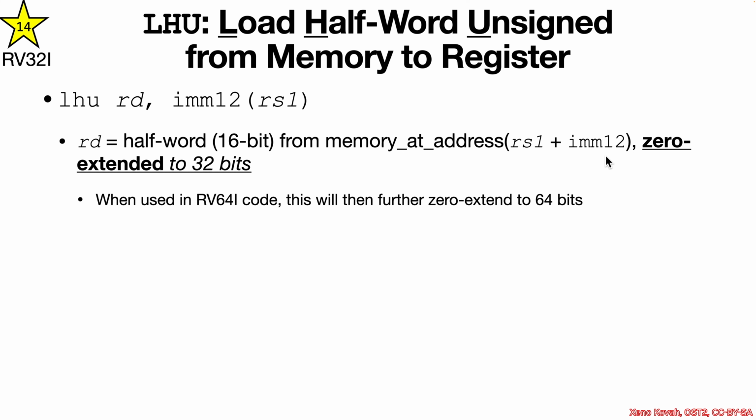Calculate a memory address, but then when you pull it in and store it in the destination, it should be 0 extended. It should just be treated as unsigned. And just like with LH, when you're running 32-bit code, the 0 extension to 32 bits, you're done. And when you're running 64-bit, 0 extended to 64 bits, and you're done.